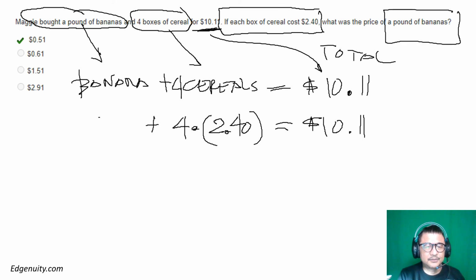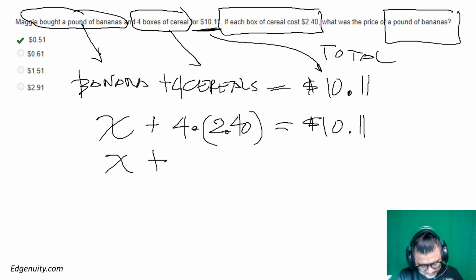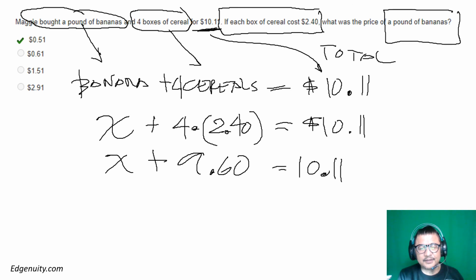So 1 pound is the X. That's what I want to know. So X plus 4 times 2.40. 2.40 times 4 is $9.60. $9.60 is equal to $10.11.